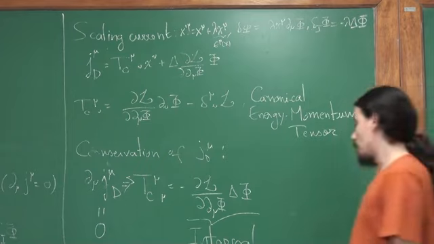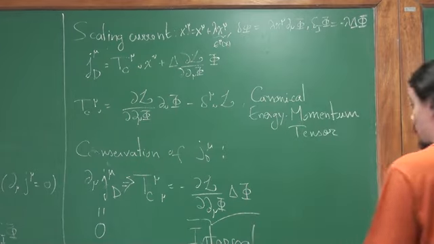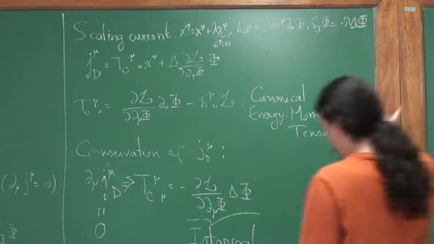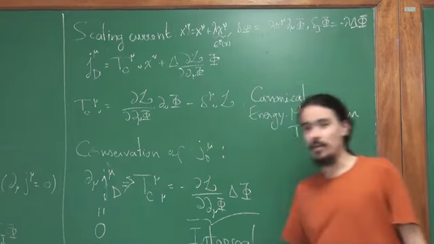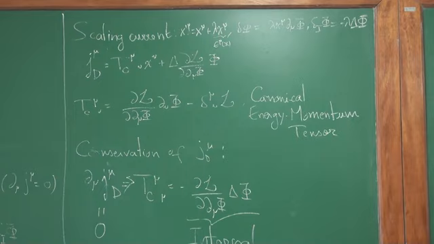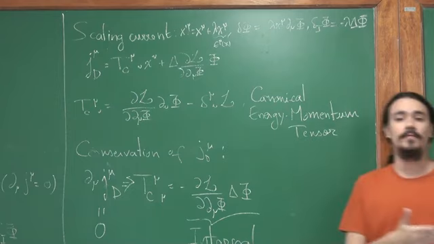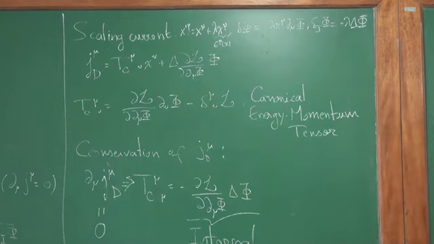This is the analysis for scalings. And again, as in the case for rotations, there was an improvement procedure, the Belinfante improvement, that furnishes a symmetric energy momentum tensor, which you do want because from general relativity you know that the source of gravitational interactions are conserved symmetric energy momentum tensors.